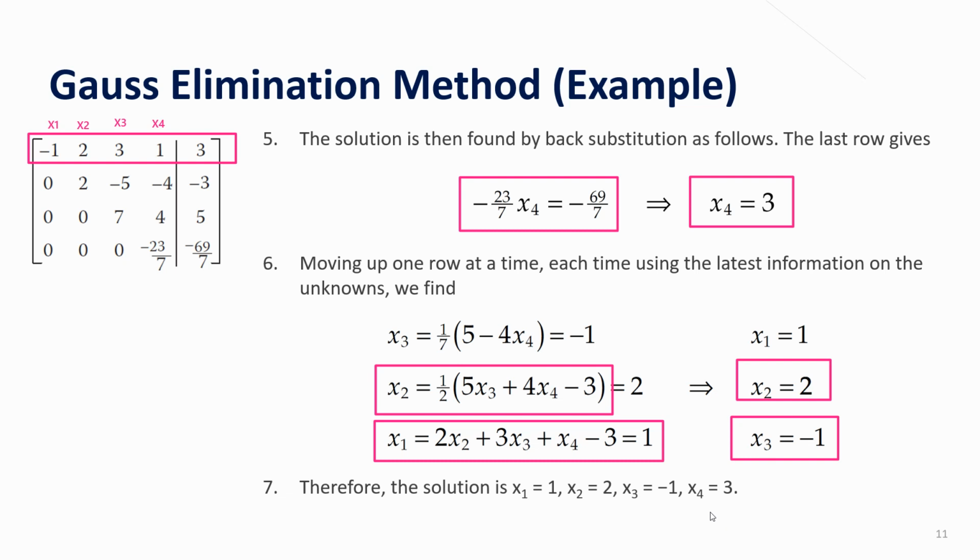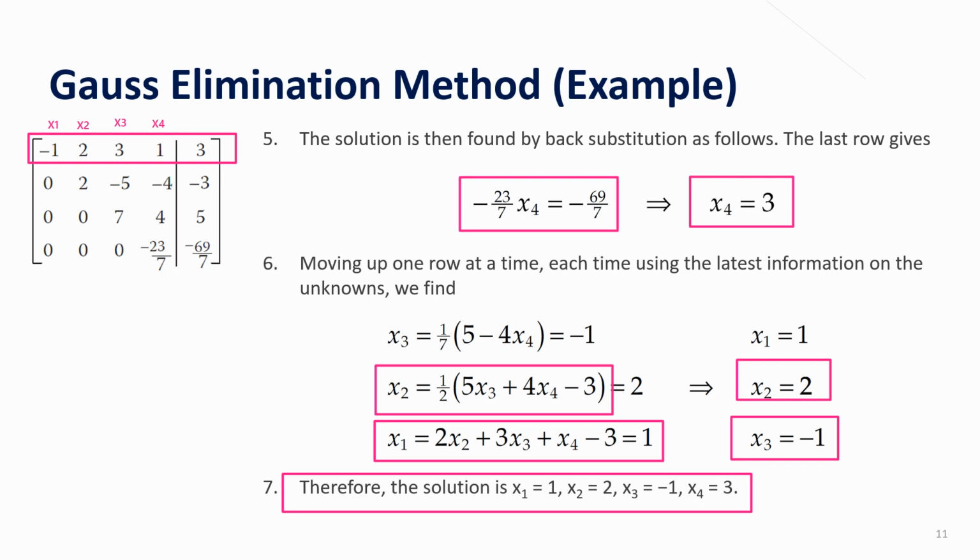Okay, then you put all the values x4, x3, x2, then you will get x1 equals 1. So finally we are able to solve the linear equations using Gauss eliminations. Then we got the value of all variable x here.